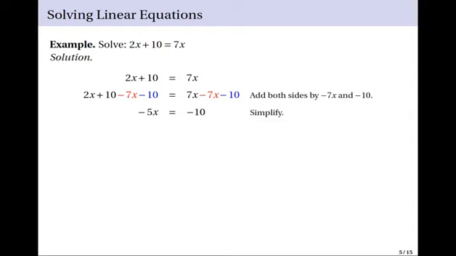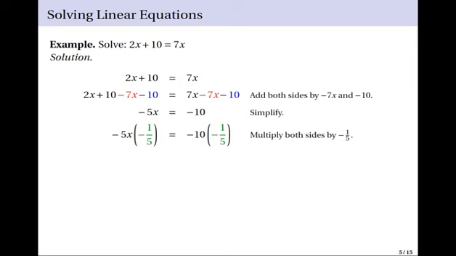Since you have negative 5 here, which is not equal to 0, we multiply both sides of the equation by the reciprocal of negative 5. The reciprocal is negative 1 over 5.